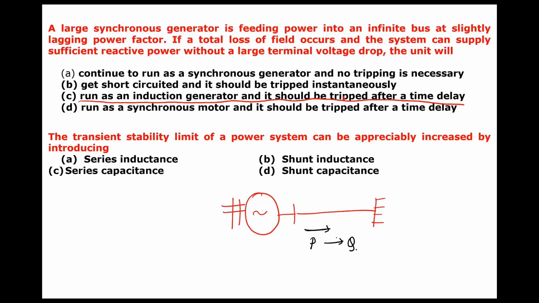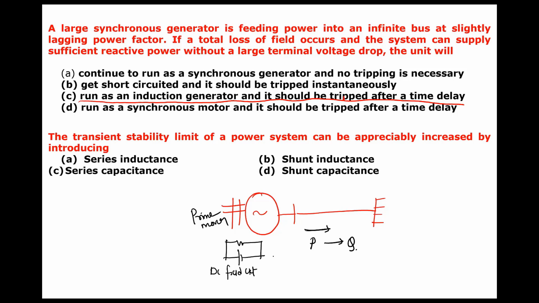Understand? So what are the two excitations which the generator has? One is the prime mover excitation, this is the prime mover, and this is the DC field circuit. So that's why the synchronous machine is called a doubly excited machine.